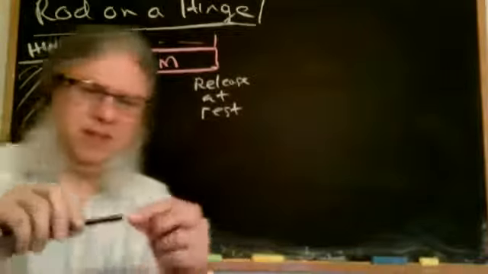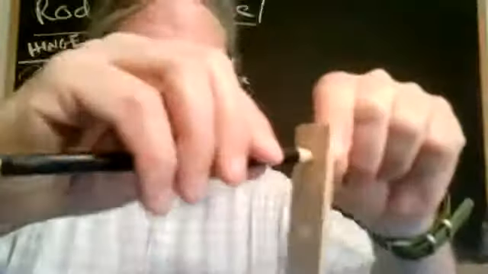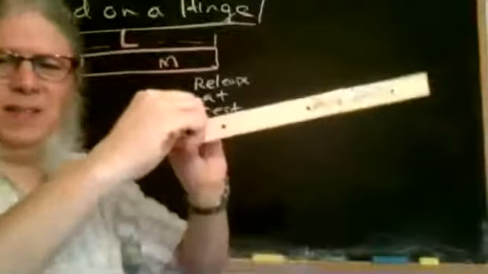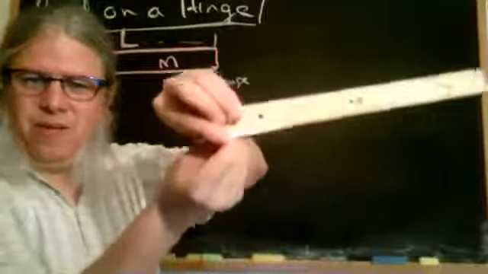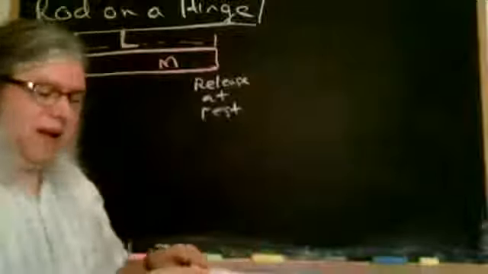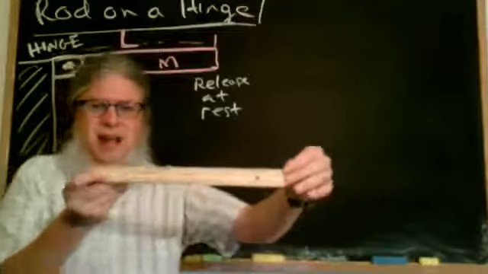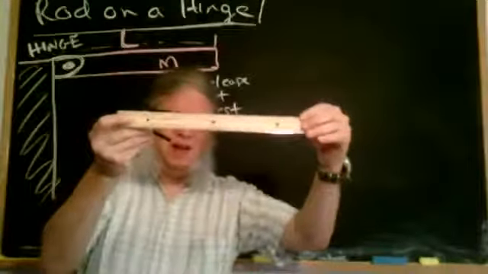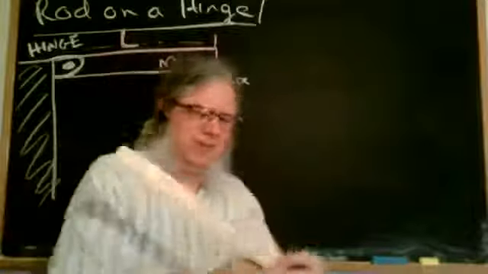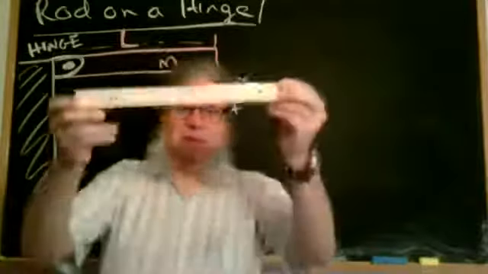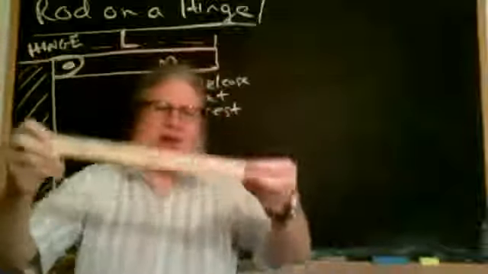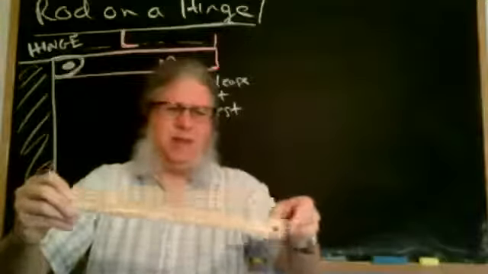And this pencil, if you zoom in, will basically serve as the hinge. It lets this rod, which is just an ordinary ruler, fall down. So I'm going to set it on the hinge, the same as what I've got on the board, like that. And I'm going to release it.